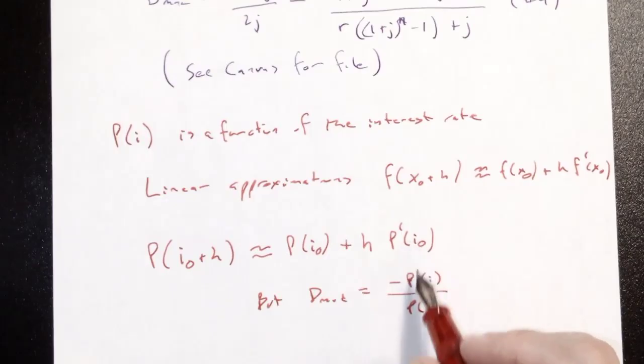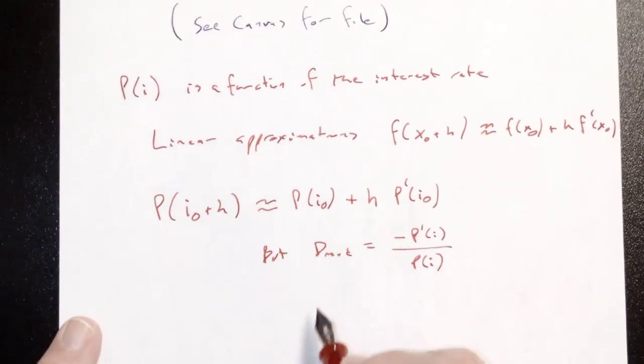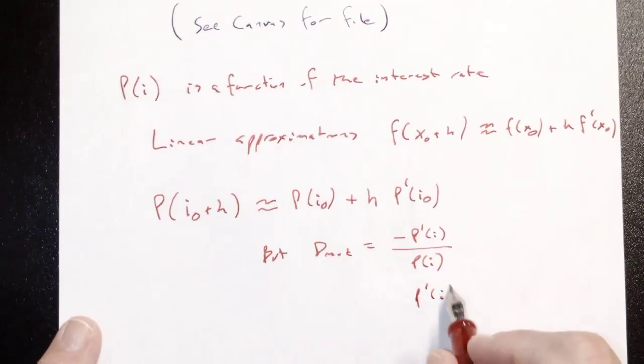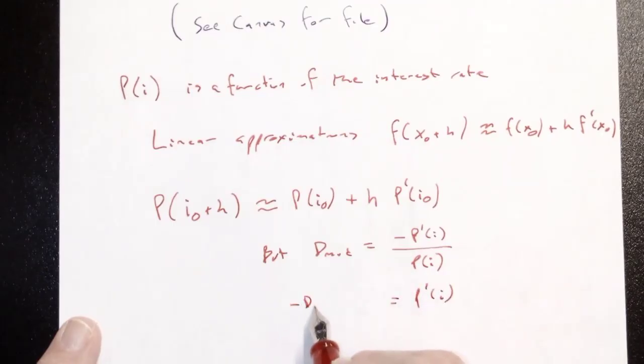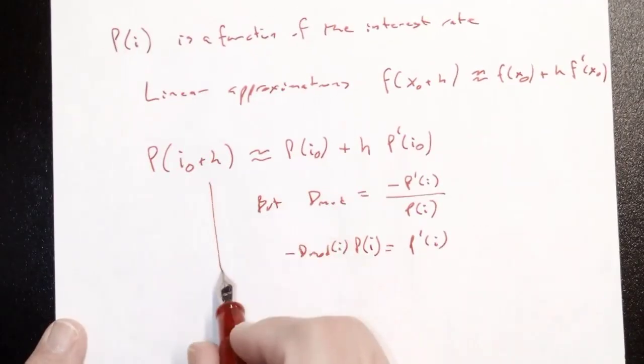So if I replace P prime, oh, that makes P prime of I equal to negative D mod I times P of I. I can put that up here.